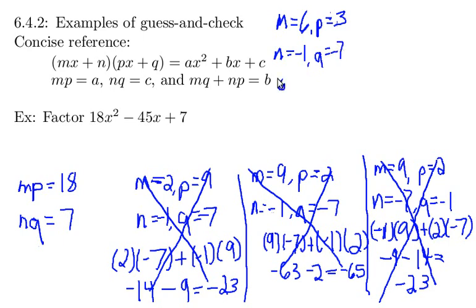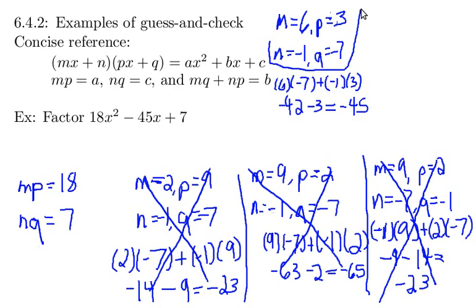So 6 times negative 7 plus negative 1 times 3. Okay, so this is going to be negative 42 minus 3 equals negative 45. So that's it. That is B. So that means that this set of variables works.